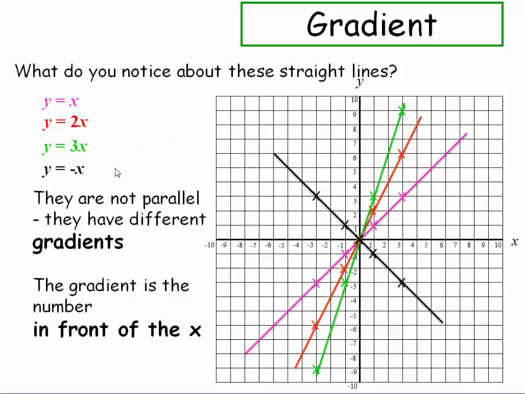If we were here where the arrow is, we're going up. Starting here, we're going up. So these are 1, 2, 3 positive gradients. And here we're going downhill. So this black line is going downhill, and that's a negative gradient. The gradient is usually the number in front of x.